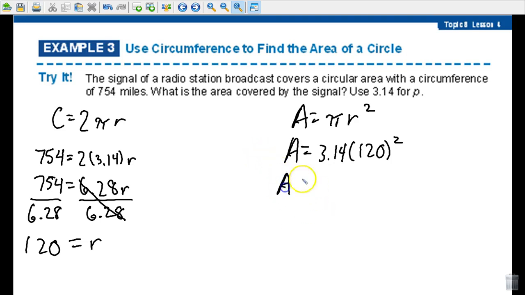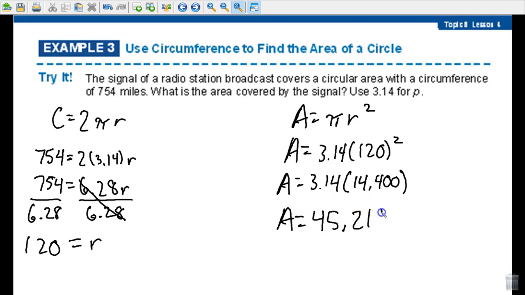So we get area equals 3.14 times 14,400. All we do is multiply those, and we get the area the signal of the radio station covers: 45,216 miles squared since it's area.